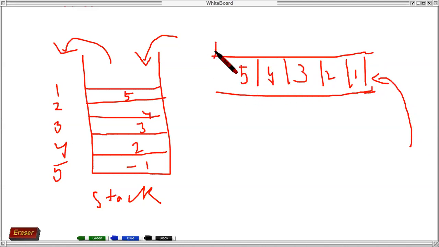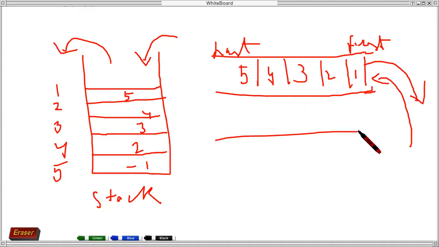That means this is the last one and this becomes the first. So if you enter from this side, you have to come out from this side. That means whichever entered first will come out first, and whichever entered last will come out at the last.